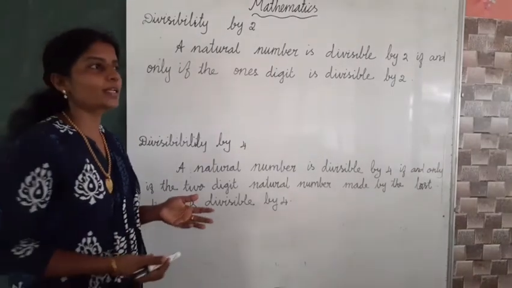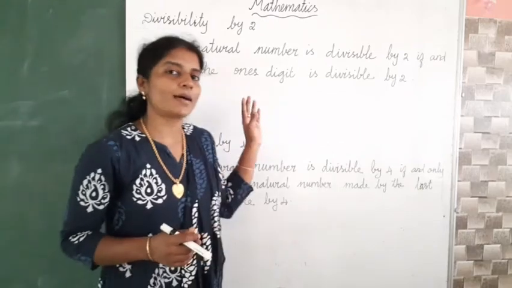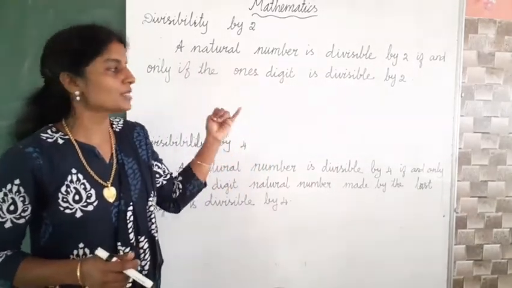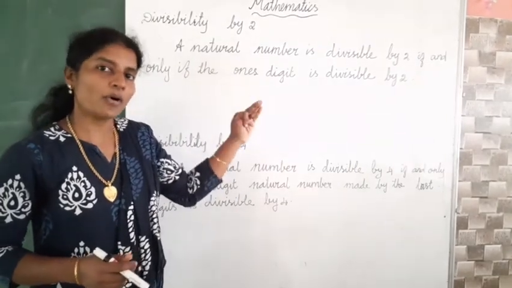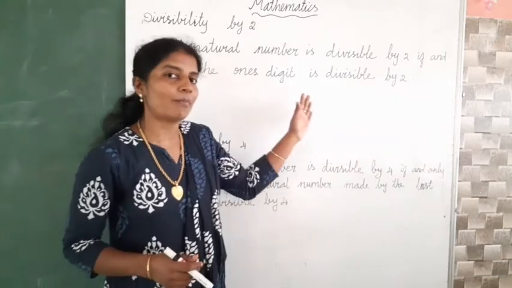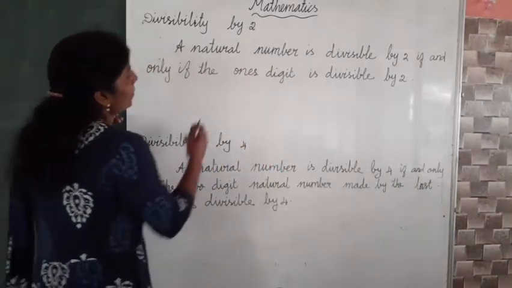Divisible by 2 means an even number. If in the ones place we have an even number: 0, 2, 4, 6 and 8, then the number is divisible by 2, isn't it?